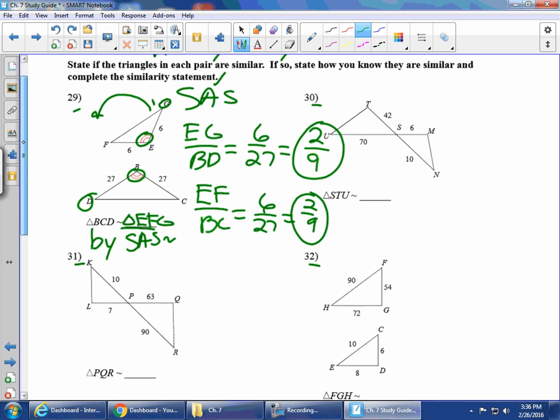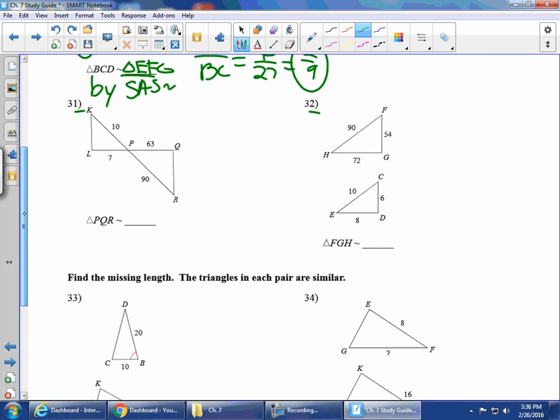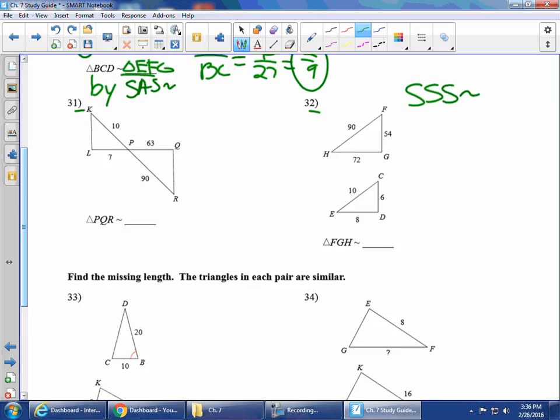And the next two are going to be side angle side. Number 32 here, you're going to use side side side. And what you need to do is write out and check that these sides are giving you the same fraction, like I did up above there.